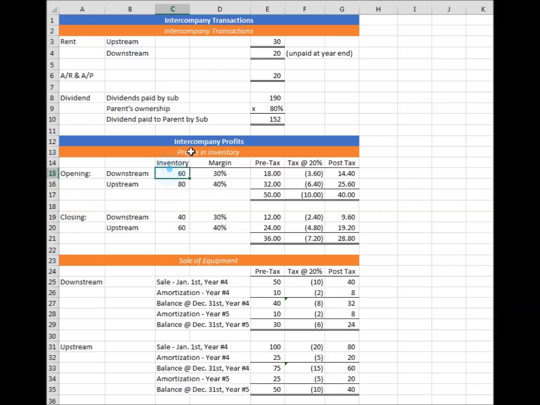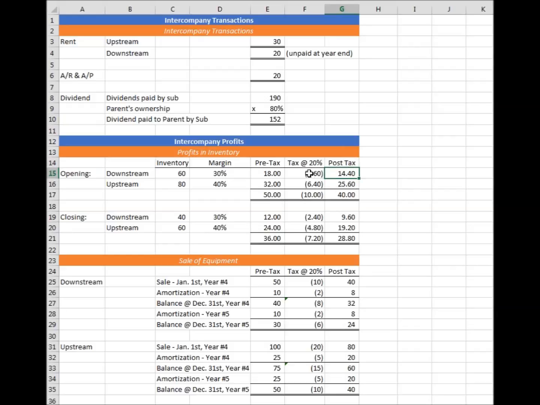So we're going to multiply that by the gross margin, providing us with the profit that's actually in the inventory of both the sub and the parent. We take our tax, which is 20%, and we get our post-tax amount over here.